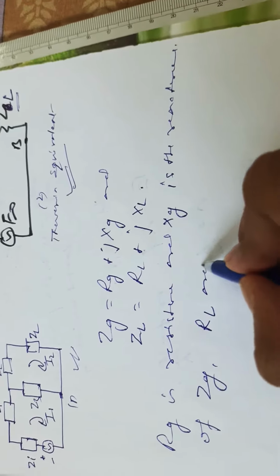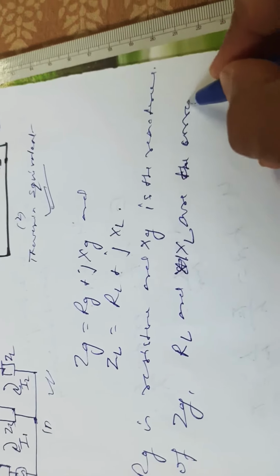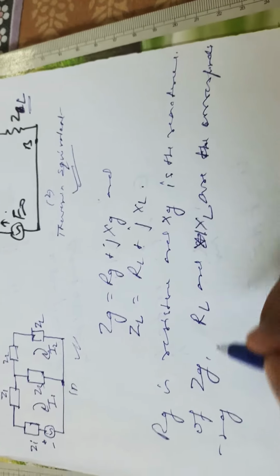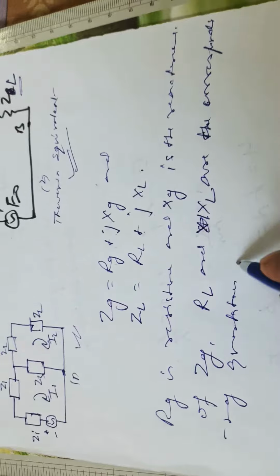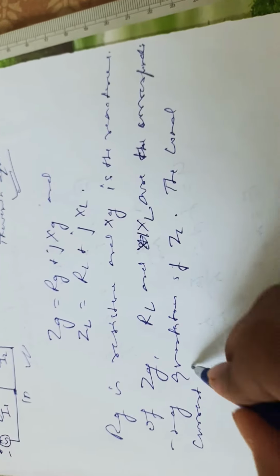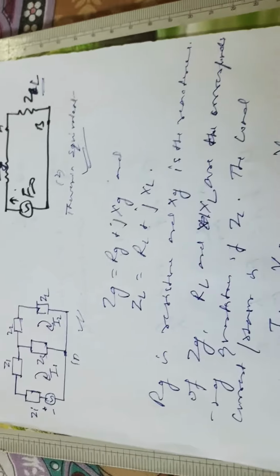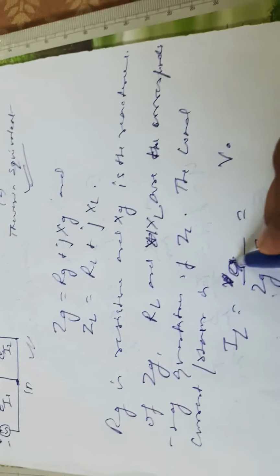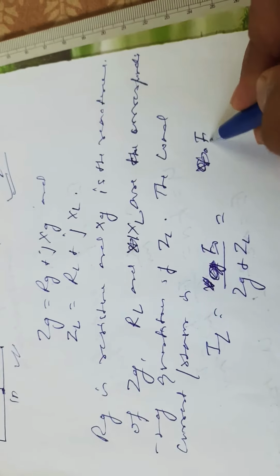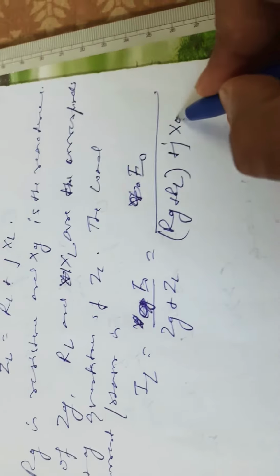Similarly, RL and XL are the corresponding quantities of Z subscript L. So the load current phasor IL is equal to E naught divided by Z subscript G plus Z subscript L, which is equal to E naught divided by R subscript G plus R subscript L plus j times X subscript G plus X subscript L.